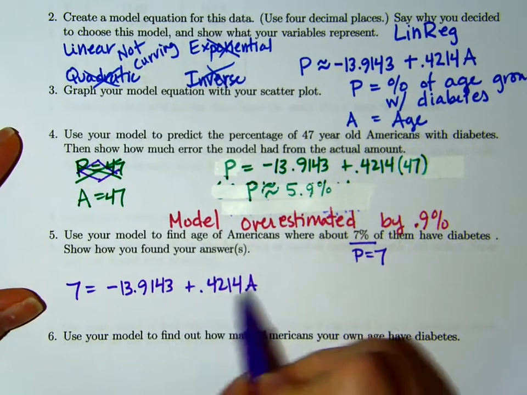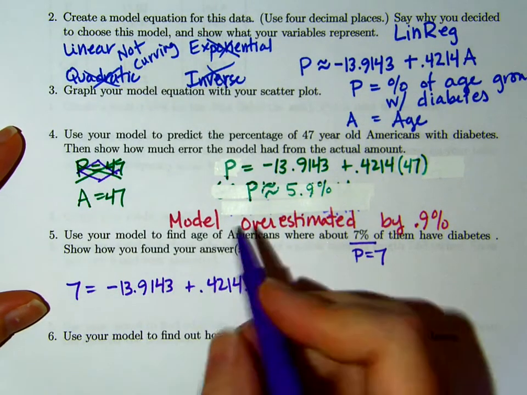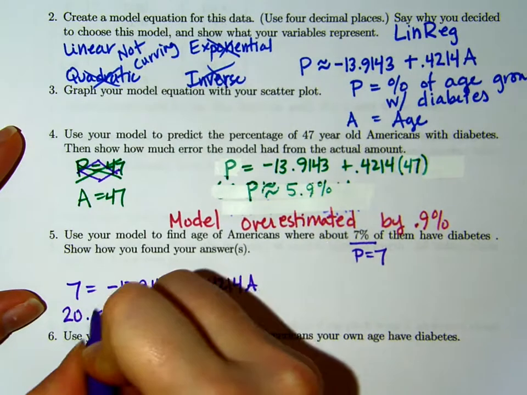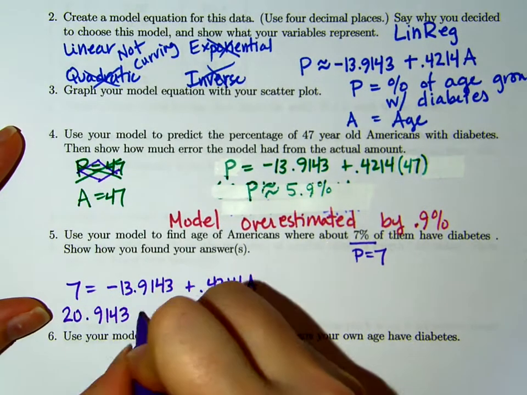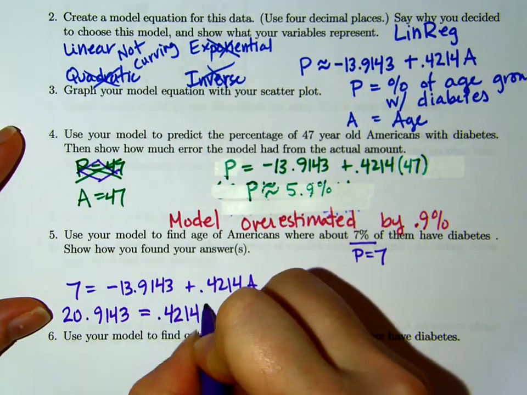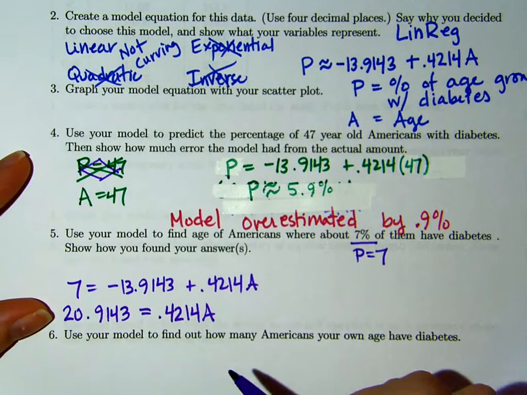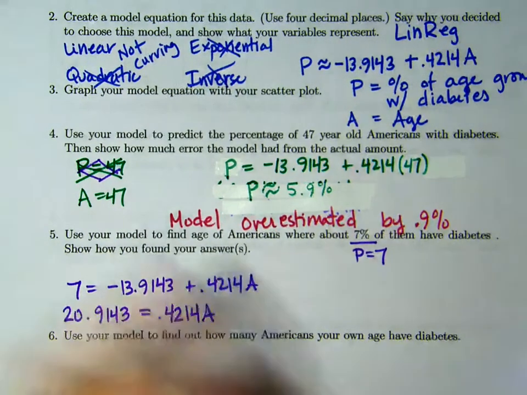Okay, that means this is 20 something. Yeah, 20.9143. 20.9143 has to be equal to this 0.4214 times A in order for this to add to 7. And then scale down.